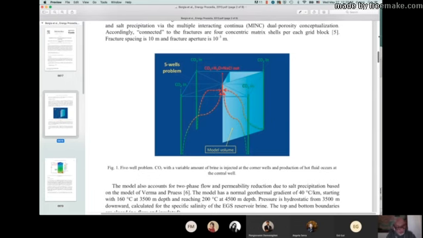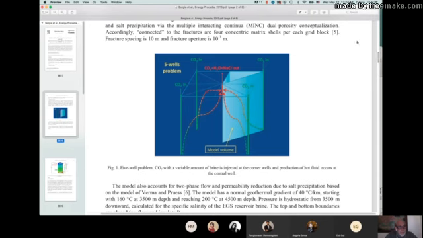So about the year 2000, people started wondering if you could actually use CO2 instead of water to run a geothermal power plant.